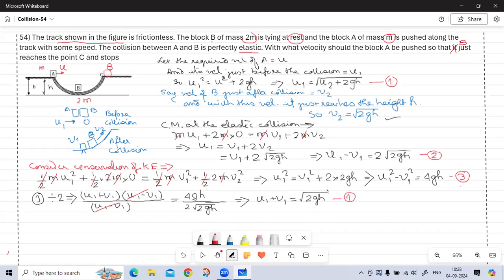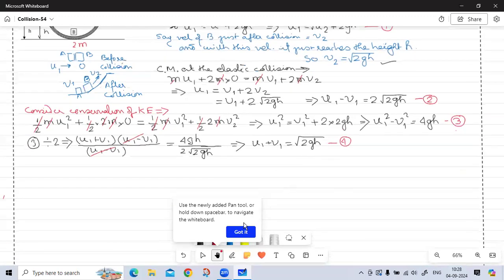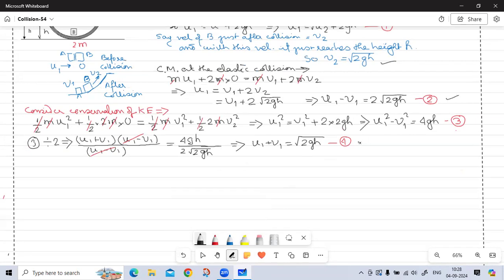So we have u1 minus v1 and we also have u1 plus v1. So now we can easily find the solution to this. We have equation 2 and equation 4. First we do equation 2 plus equation 4.